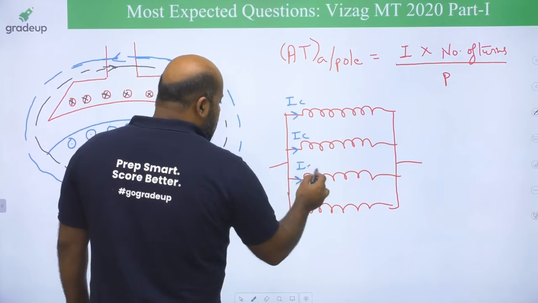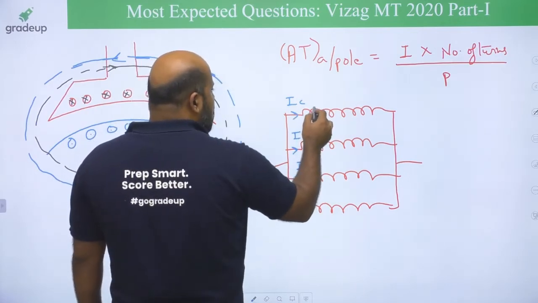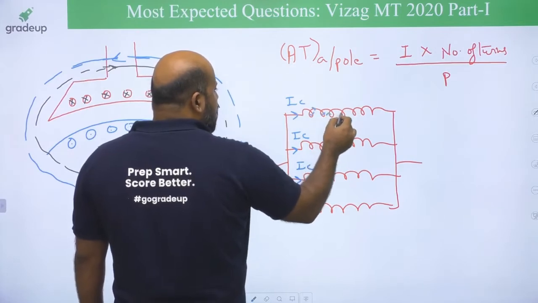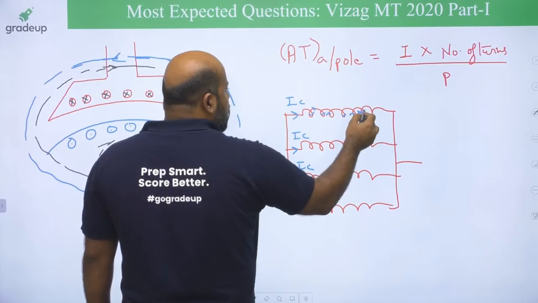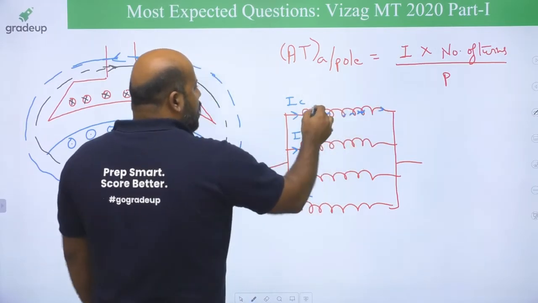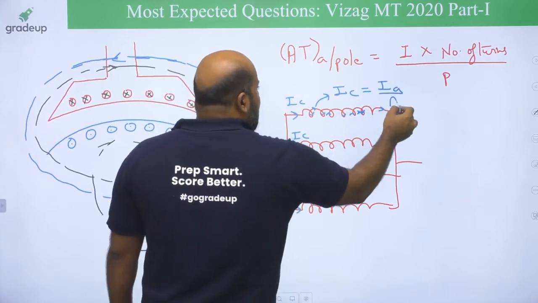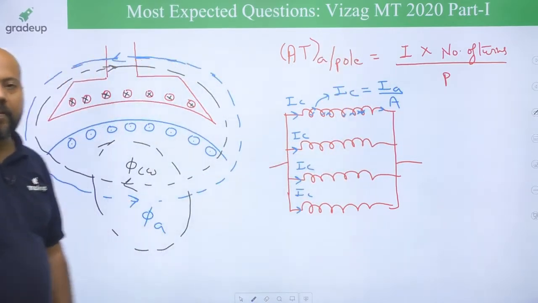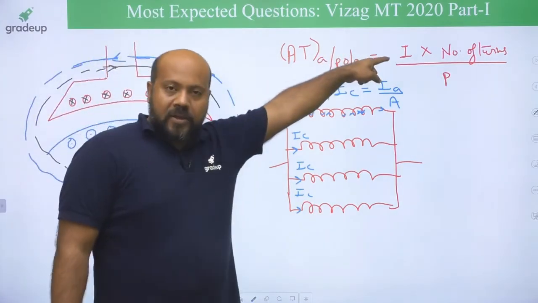Can you tell me what is the current in each turn? Yes or no? What is IC? Armature current divided by the number of parallel paths. It means you have got the current in each turn.